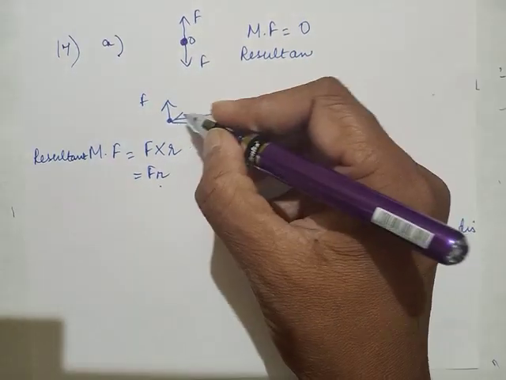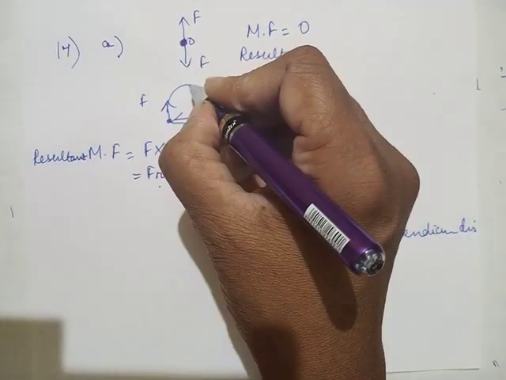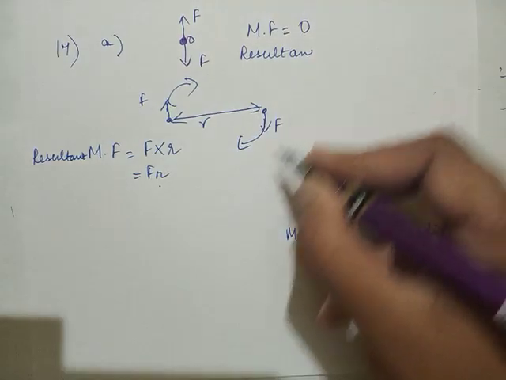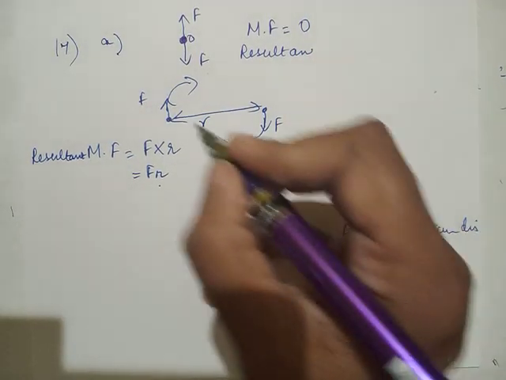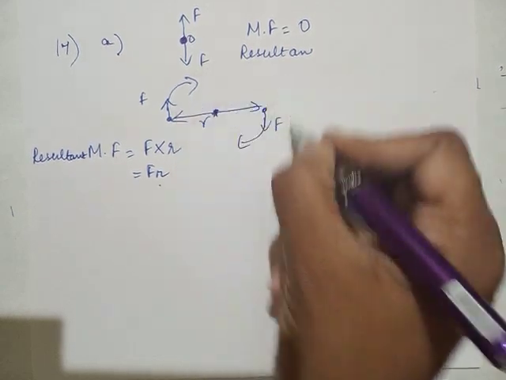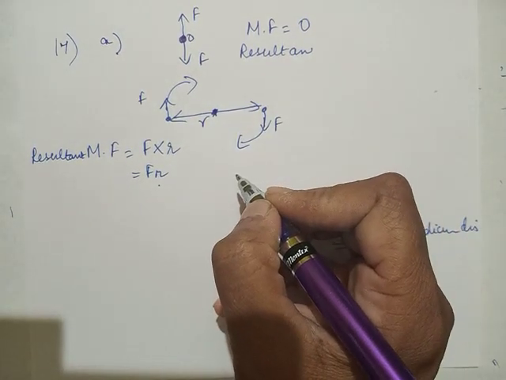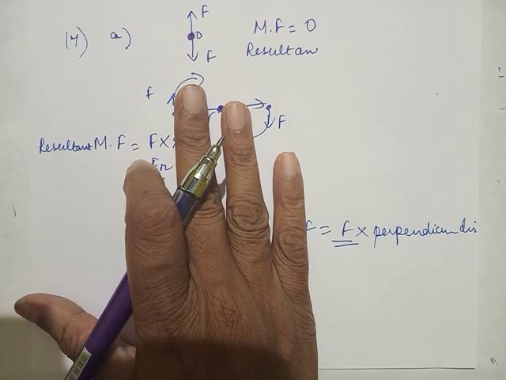This will rotate the body in clockwise direction. So this will tend to rotate like this, and this will tend to rotate like this. Finally, this will rotate in clockwise direction about the midpoint between the two forces. Now, some pivot will be somewhere here, about which it will be able to rotate in clockwise direction. Okay, so this is how you have to solve.